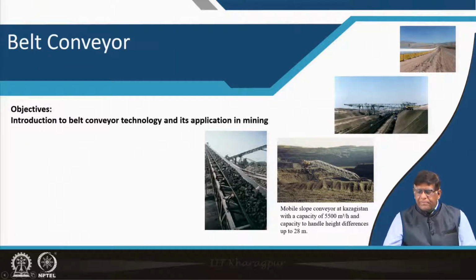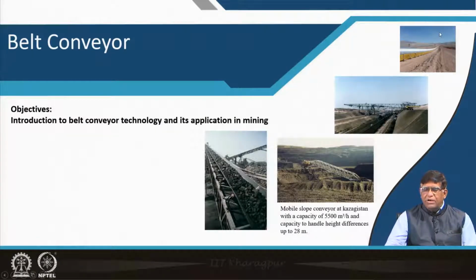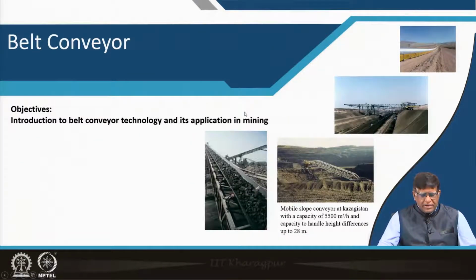Then you can also see in the other figure a long-distance single flight conveyor, on which a cover has been given so that rain, wind and so on will not have any effect, and it operates over there. So, different types of conveyor belts used in the mining industry are shown here.